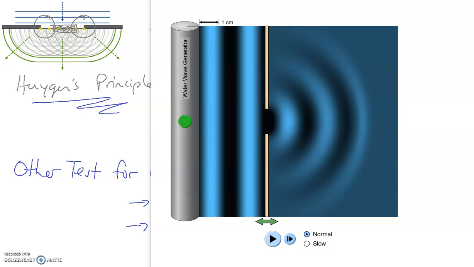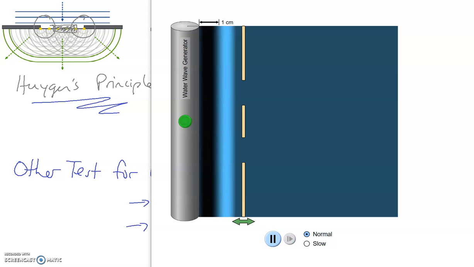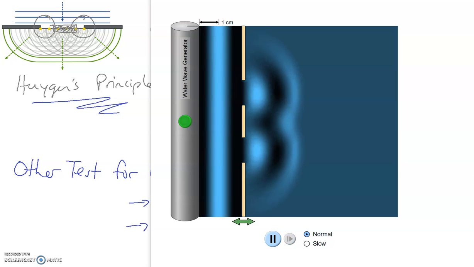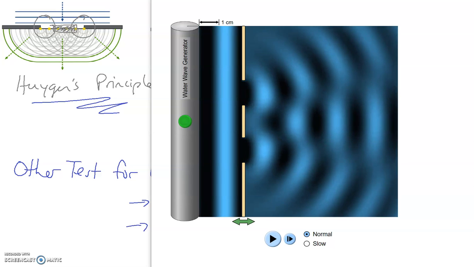So the idea was, instead of using one opening, use two openings, and then they'd be perfectly identical, and then they can actually create an interference pattern. Okay, so that would look something like this. So we still have the source there comes in, and then if we go through something like this, we still get an interference pattern with the water waves.